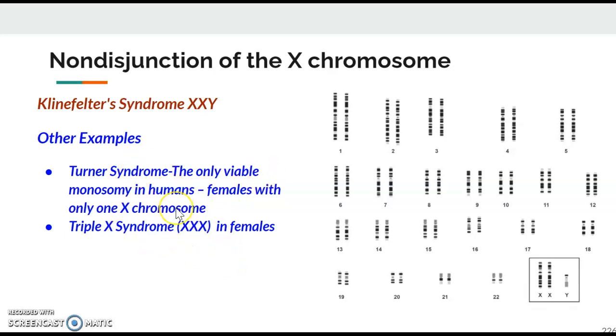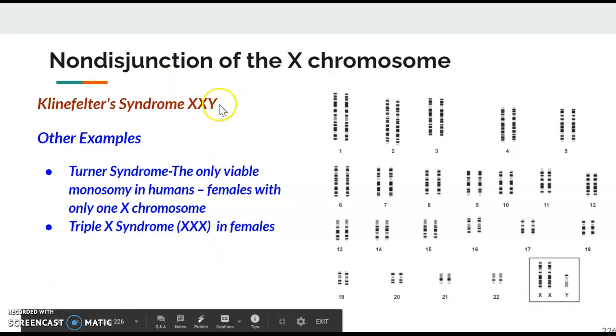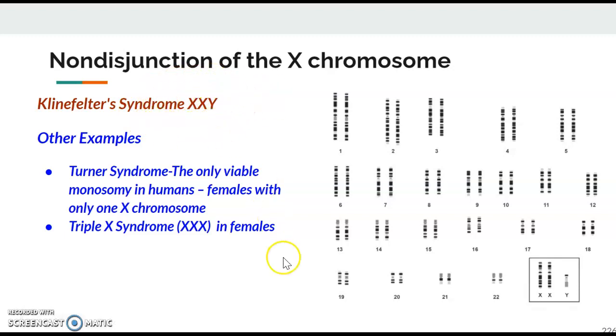Turner syndrome is when you have only one X and it is the only viable monosomy. So it's the only non-disjunction where you're going to have one copy of a chromosome and still survive. And then triple X syndrome, which is kind of like the girl version of Klinefelter's, is when you have three X's as a girl.